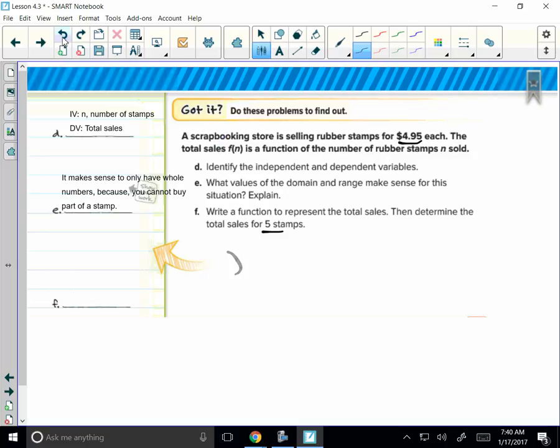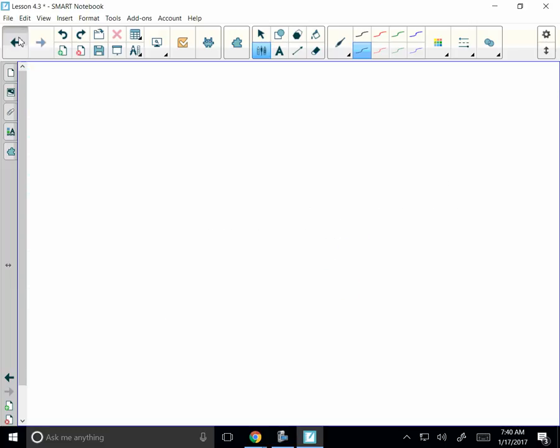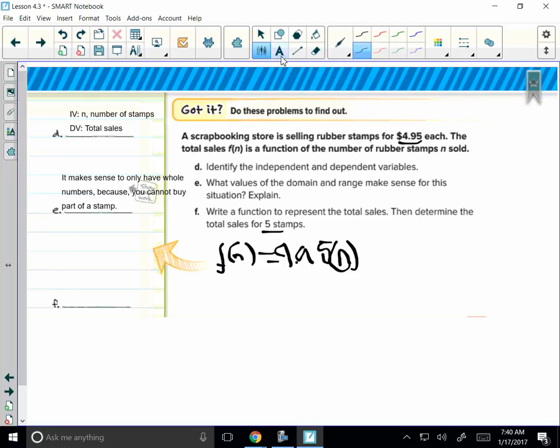We have F of n is equal to, now we know that each stamp is $4.95, so it's $4.95 times the total number of stamps, which we're using in this variable. Excuse my bad handwriting, I can type it out here.